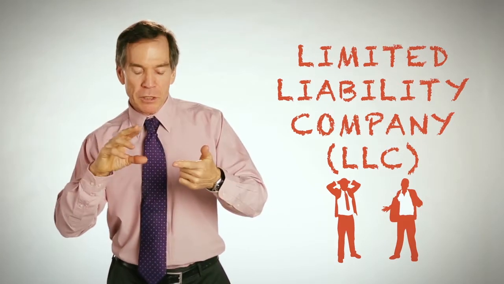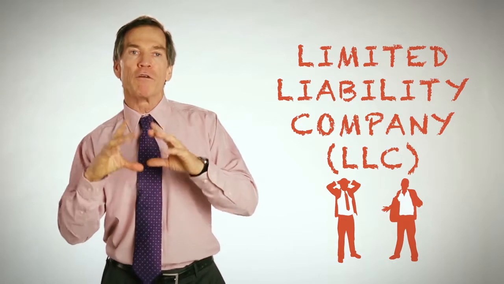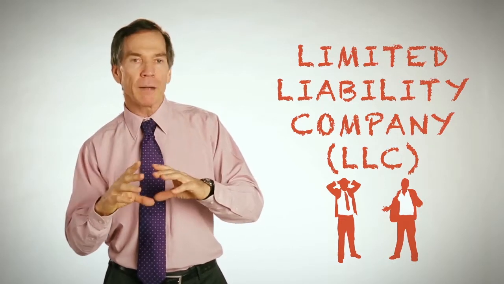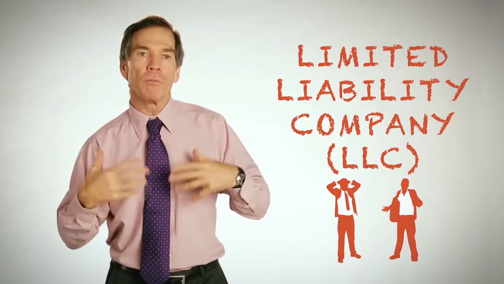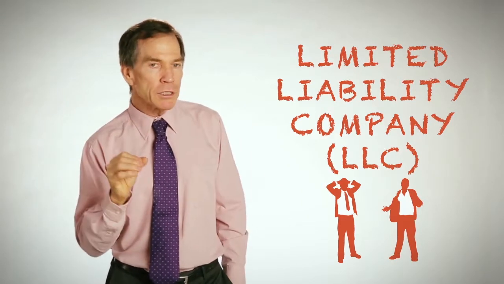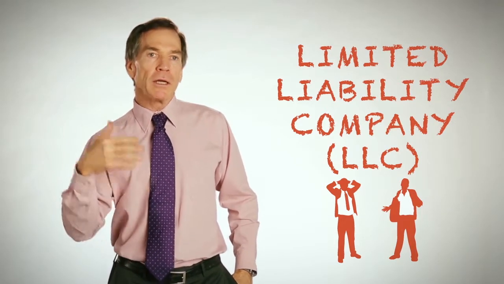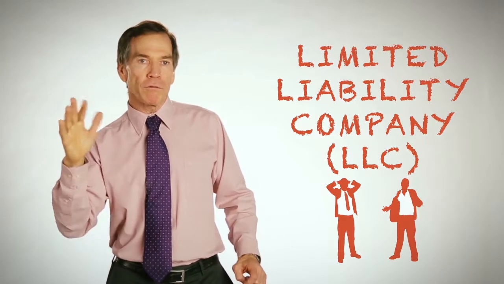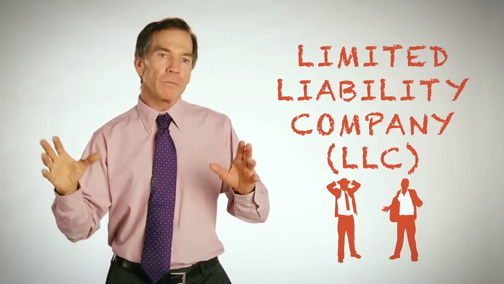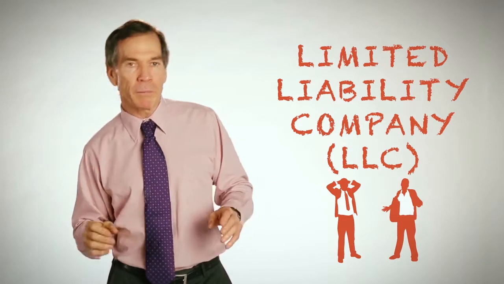Because of its efficiency and simplicity, this has become the entity of choice for most people, most of the time, anytime when you have multiple partners or multiple investors. The only downside to an LLC is in California, there is a gross receipts tax. It caps out at about $13,000 if you have more than about $5 million of gross receipts. A little bit annoying, so sometimes in California you might use a limited partnership.